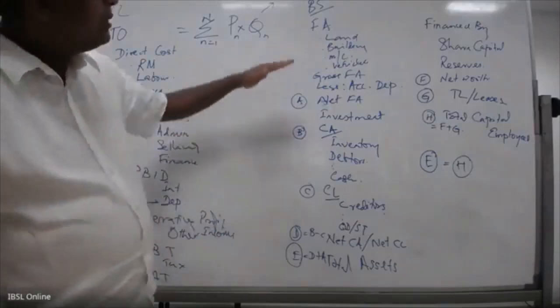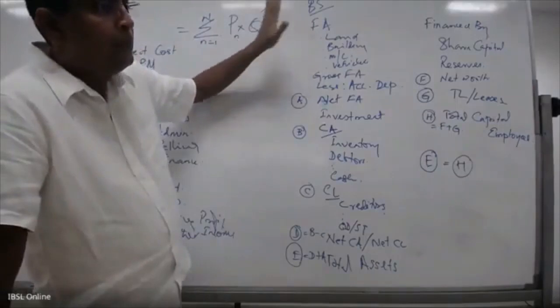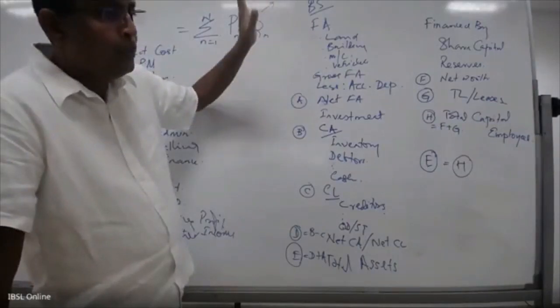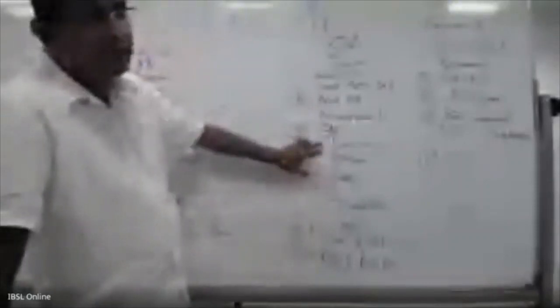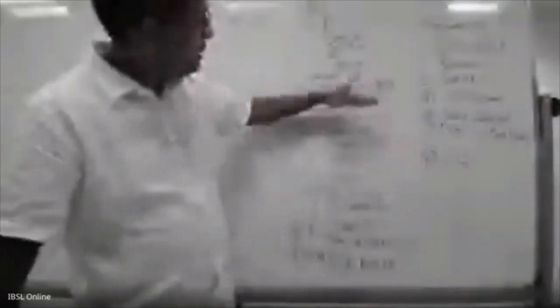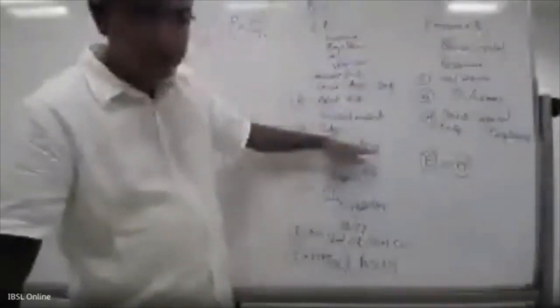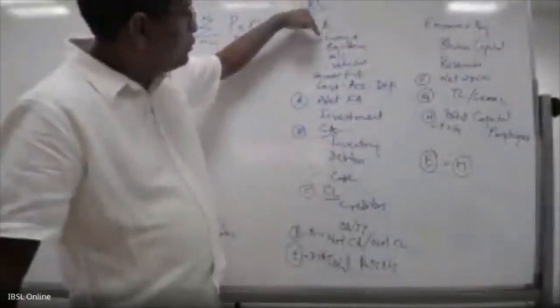So in this, any asset which has a useful life, we write as fixed asset. Any asset which can be converted to cash within a 12 month period, we term as current assets. Out of the current assets, inventory is the hardest to convert to cash, so it is written near the fixed assets. It goes down liquidity-wise, from the hardest to convert to cash.